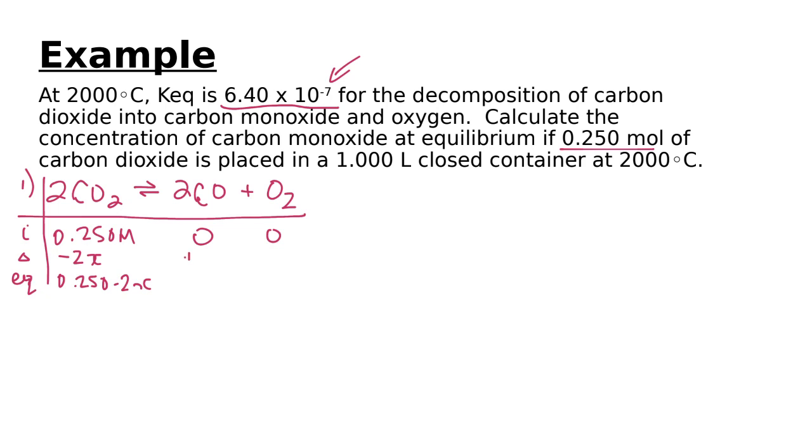On the product side, we're going to increase in concentration by 2X for carbon monoxide, X for oxygen. So at equilibrium, 0 plus 2X equals 2X, and 0 plus X equals X. So we're suspicious about this K value, and is it small enough?